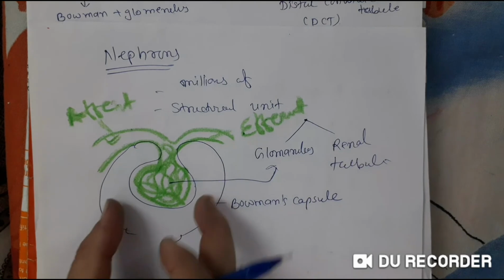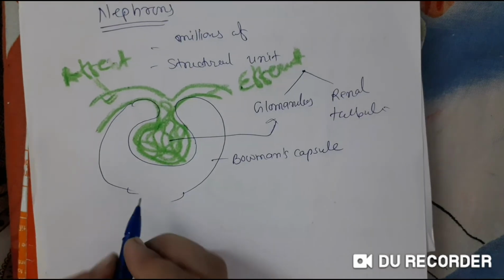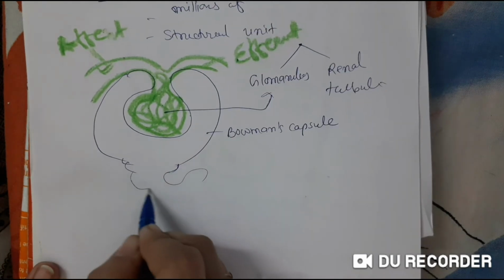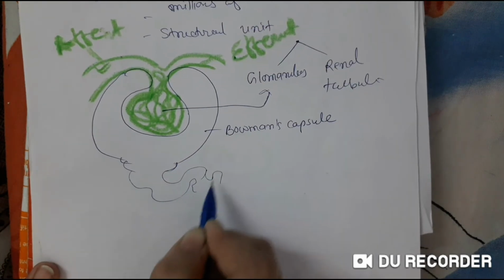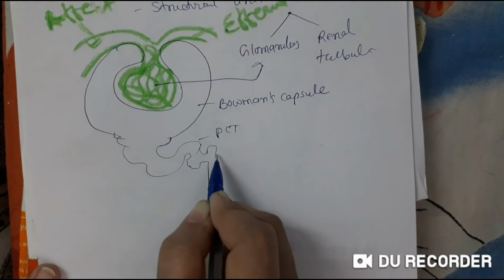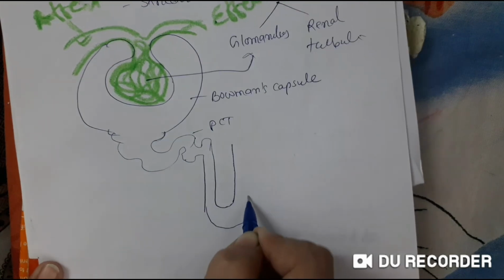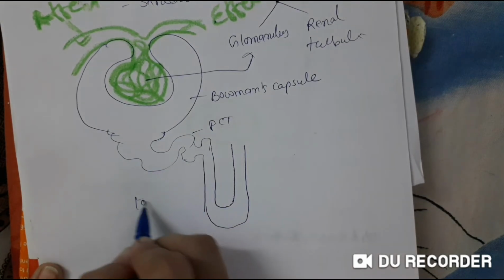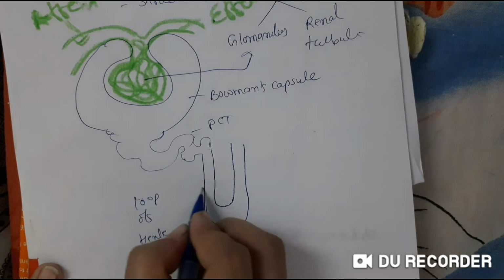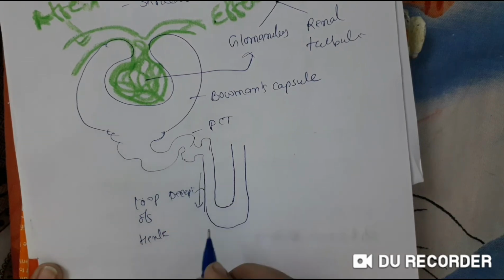So this is the structural and functional unit, right? It converts to a small neck-like structure. Then it forms a highly coiled structure called the proximal convoluted tubule. Then it converts to a U-shaped hairpin-like structure, that's the loop of Henle. This is the descending part, moving downwards.